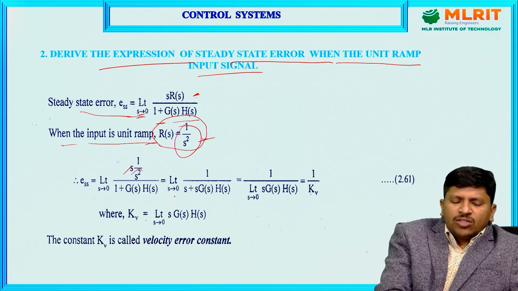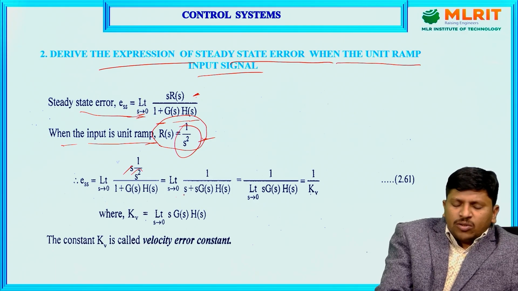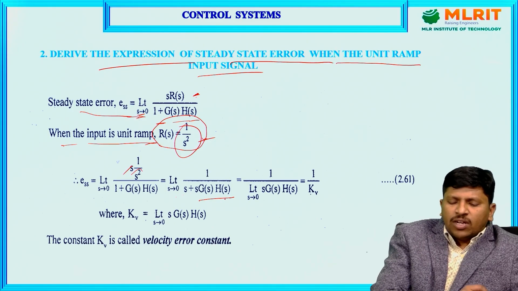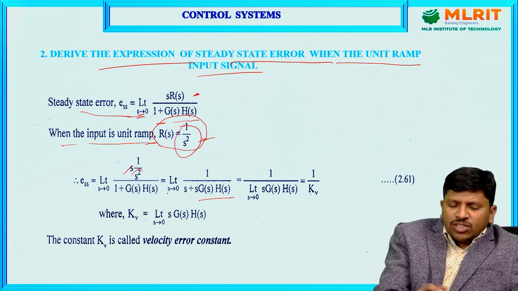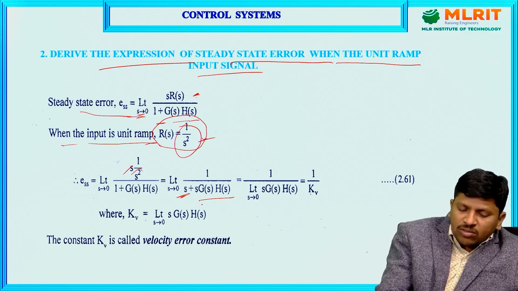So limit s tends to 0, 1 divided by, here one term s is there in the denominator, so s into 1, s plus s into g of s into h of s. Now limit s tends to 0, just substitute here: s plus 0, that value is 0.